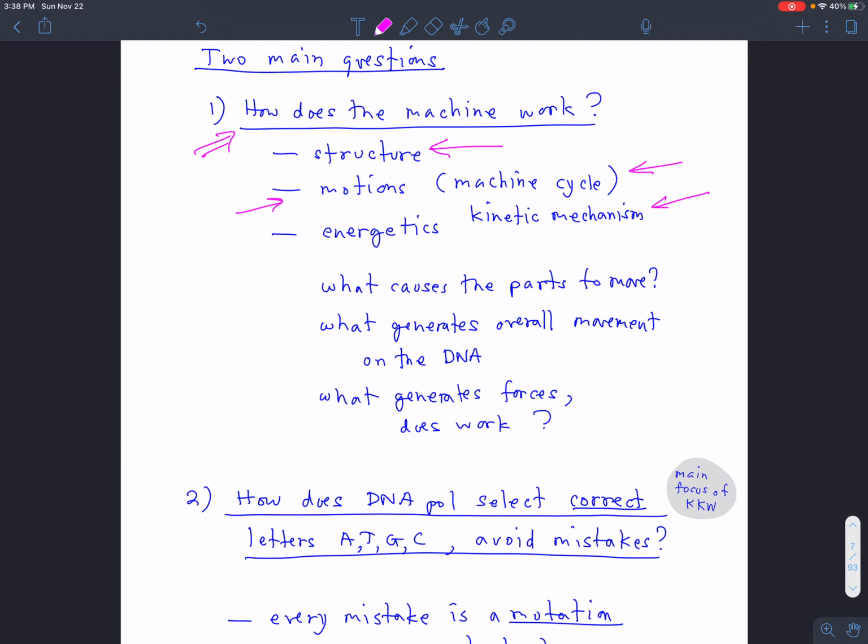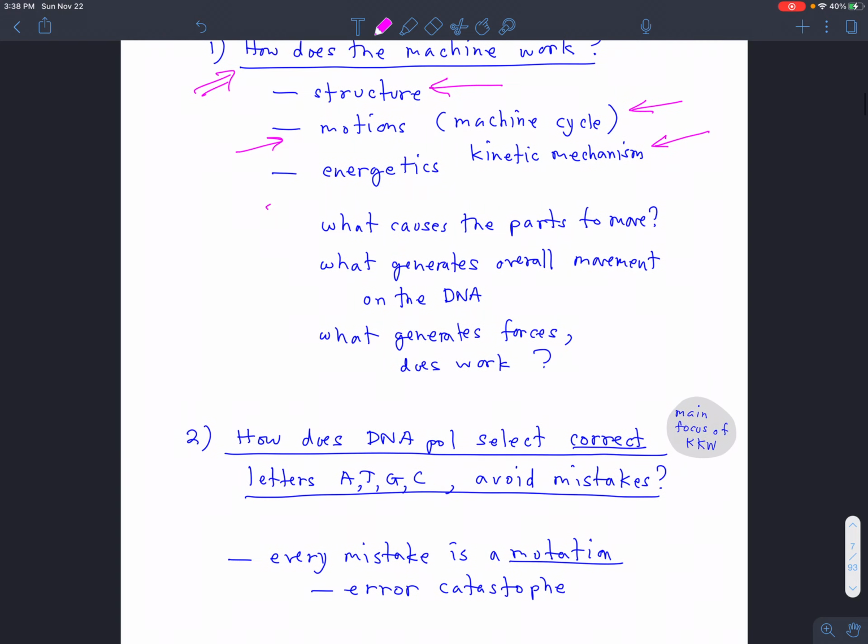So right away, kinetics is really important for understanding how all these little machines and doodads and motors and twirlers and cutters and whirlers and pullers work. And then we'll look a lot, of course, at the energetics, because that's the thermodynamics. That's also the driving forces. That's what the fuel is used for. What causes the parts to move, what generates overall movement of the polymerase on the DNA.